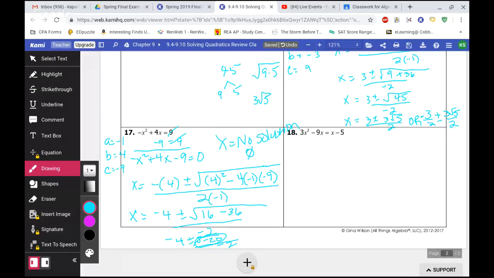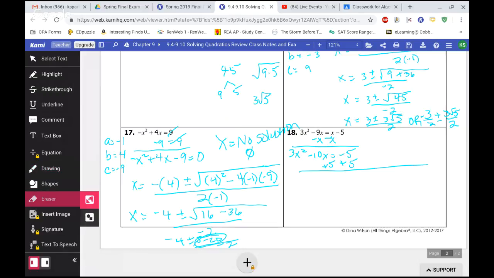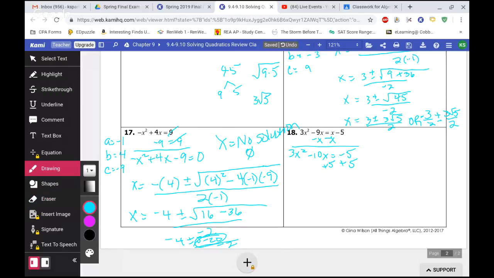All righty, number 18. Not in standard form, so I'm going to subtract x. So 3x squared minus 10x equals -5. Add 5 to both sides. 3x squared minus 10x plus 5 equals 0.